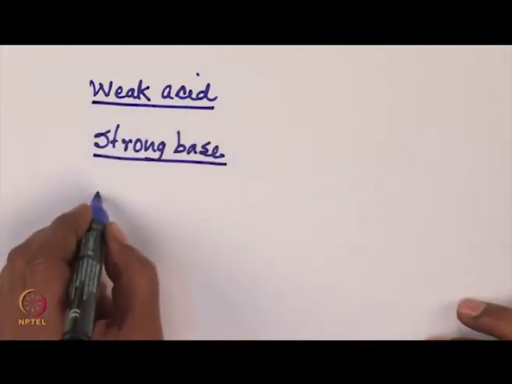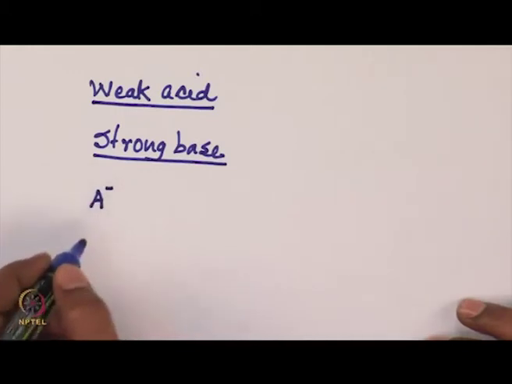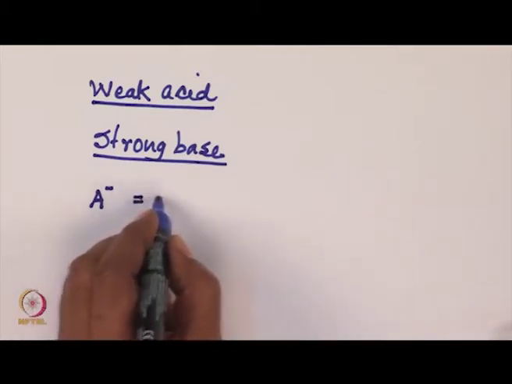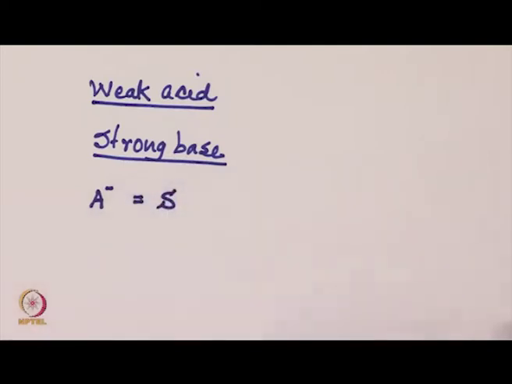So whatever is A minus, we are talking about anion of the weak acid, we can equate that equal to S if I use S as the concentration of the salt which is formed as a product.